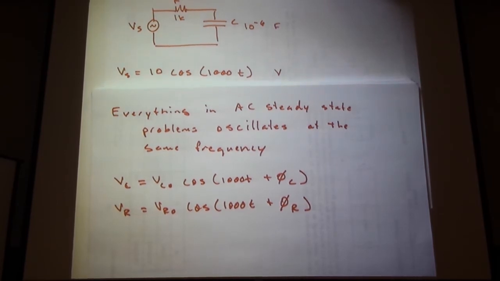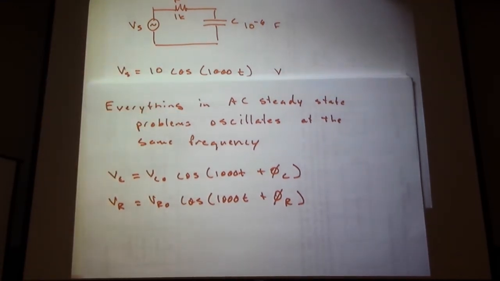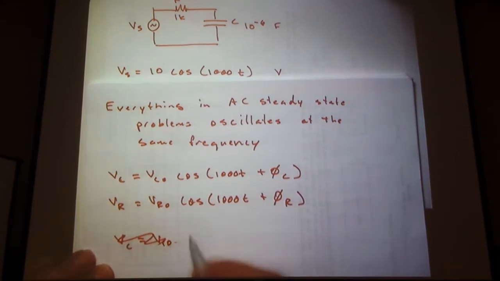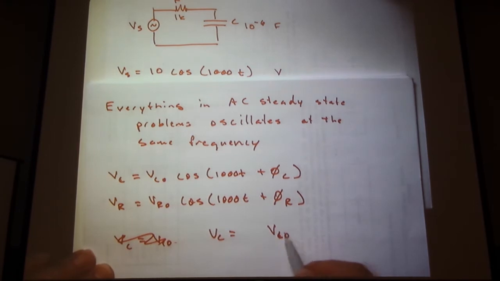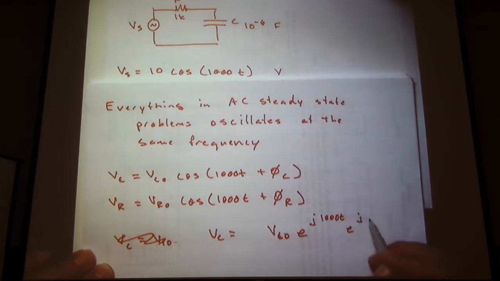Well, this is all trigonometric representation. Arguably, we could write this in a slightly different way. We could write this as VC equals VC naught, there's an amplitude, e to the j 1,000t, e to the j phi c.